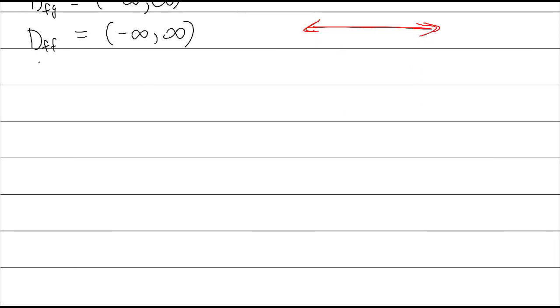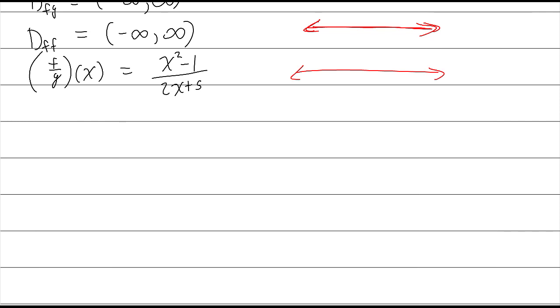So let me write those out. F over g of x equals x squared minus 1 over 2x plus 5. Okay, the red one, f of x, has all the real numbers.